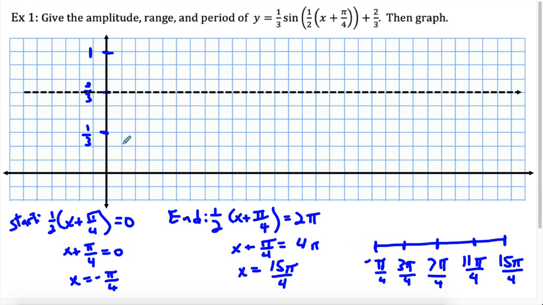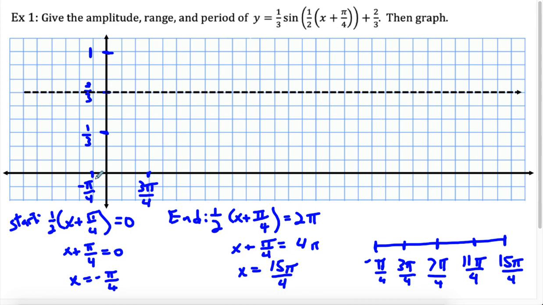Okay, so let's see. If we say that we're going from negative pi over 4 to 3 pi over 4, here I'm making each space pi over 4. Remember we talked about trying to put the y-axis in as accurate a spot as possible.